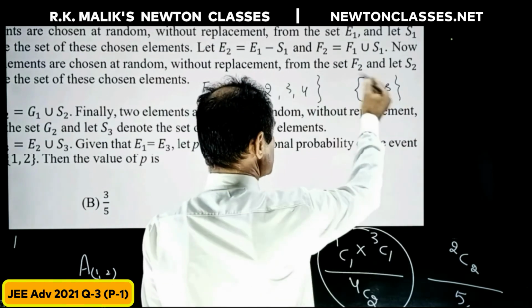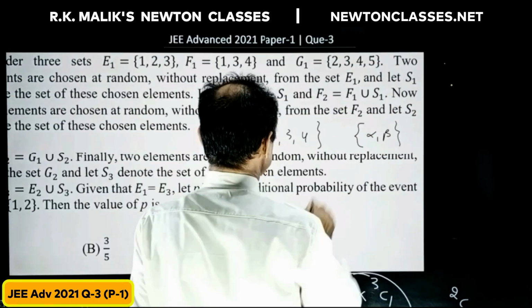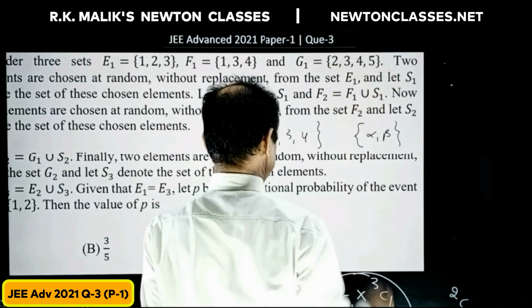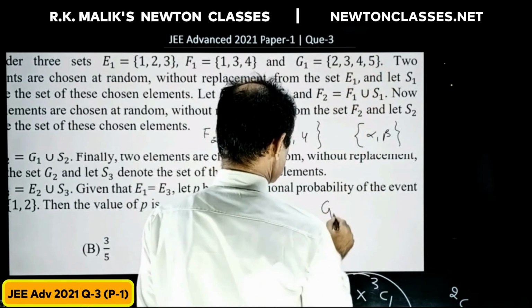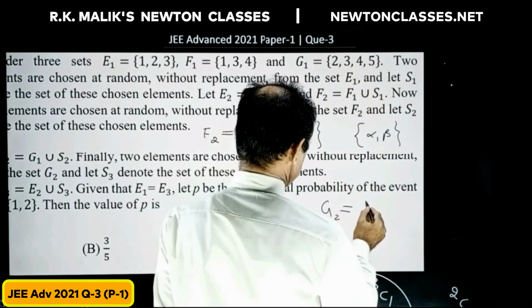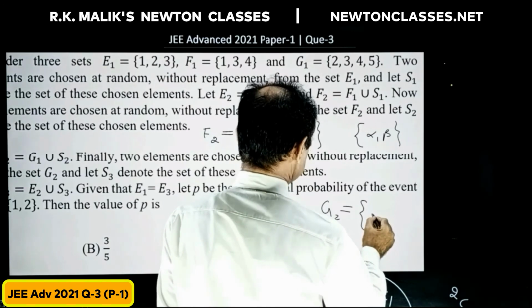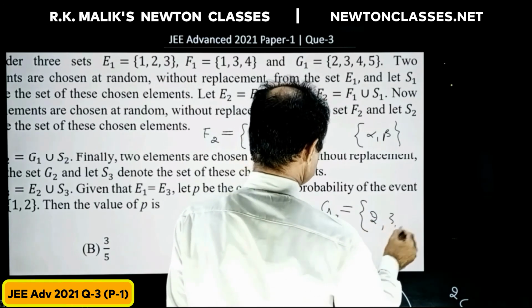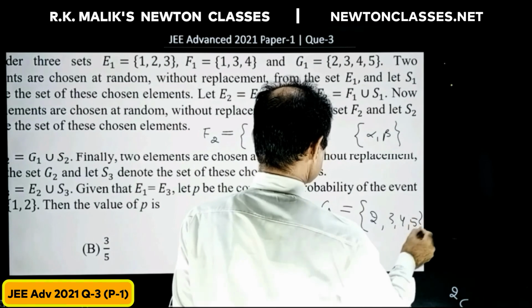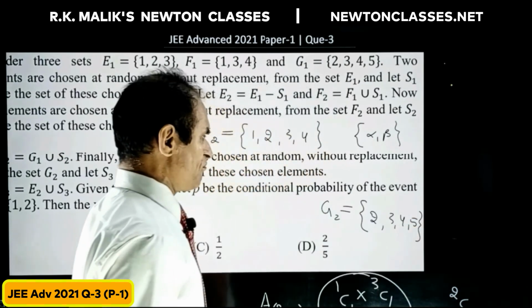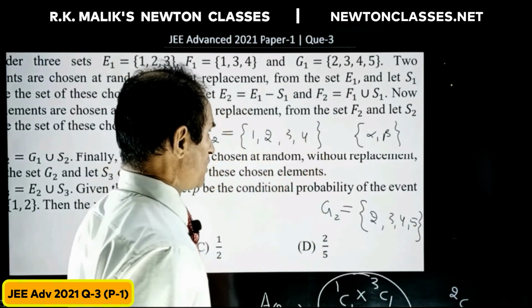And once this pair is chosen and placed in G1, the set G2 will remain unchanged. That will be again 2, 3, 4, 5, the same, because no extra element will be there now.